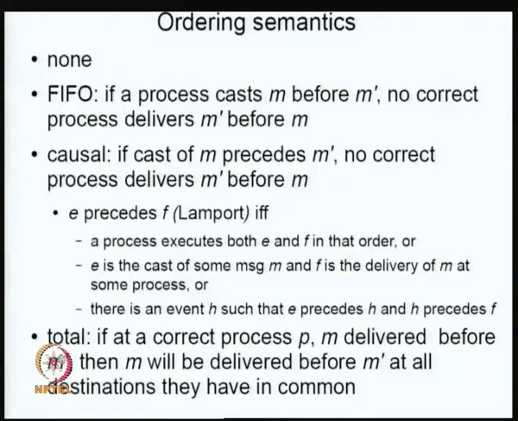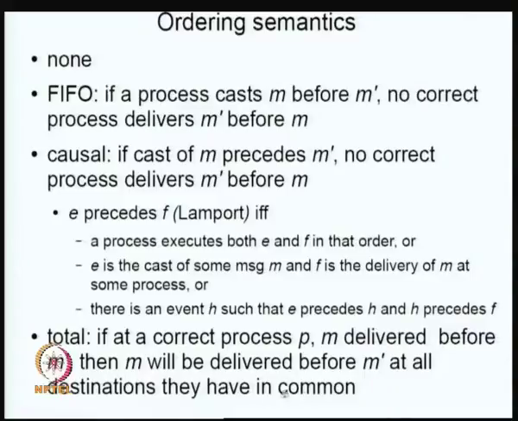With respect to total order, basically here what we are trying to do is order all the processes somehow. If at a correct process P, M is delivered before M prime, then M will be delivered before M prime at all destinations they have in common.